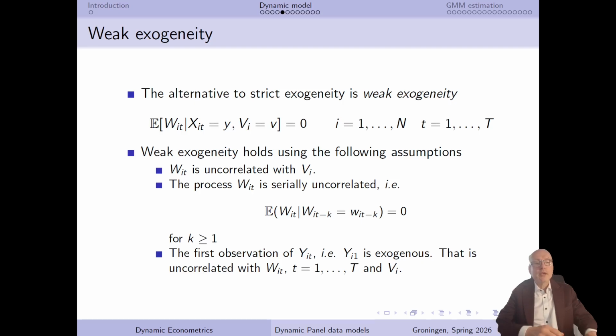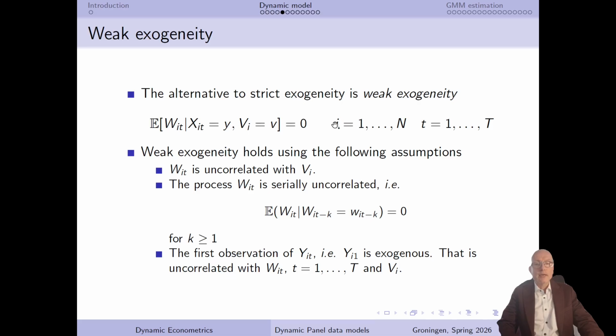We also already know what that is, because it implies that w_it is still going to be uncorrelated to v_i, but now it's only going to be uncorrelated to x_it, this is then x_i small t. So w_it is only going to be uncorrelated to the x_it in the current period.